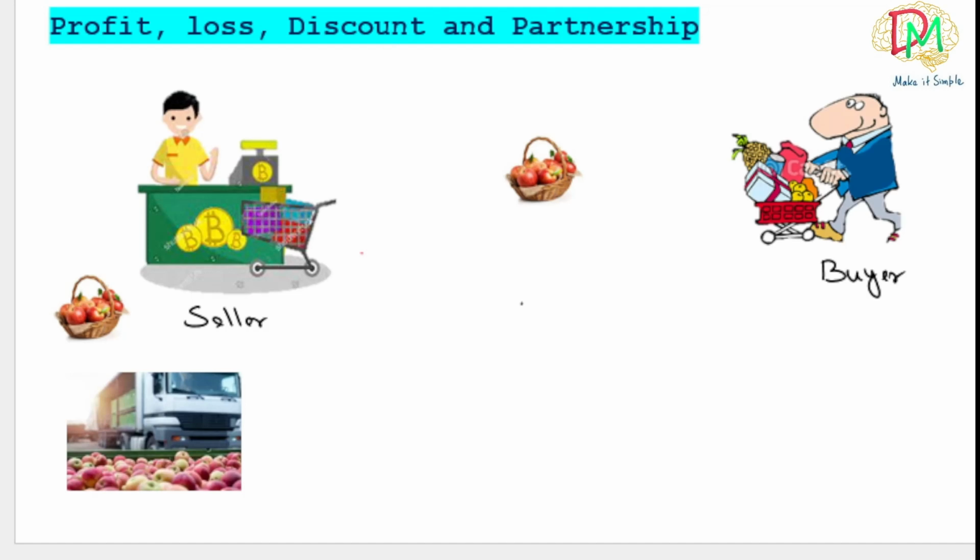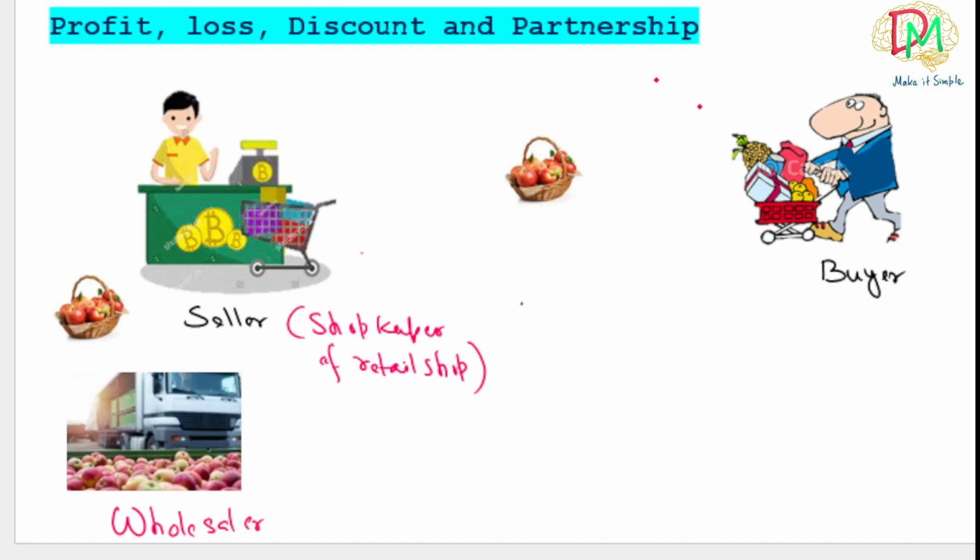Here he is the seller, you can also say the shopkeeper. Here is the wholesaler, who sells the product to the seller, or we can say the seller buys the product from the wholesaler in bulk quantity.